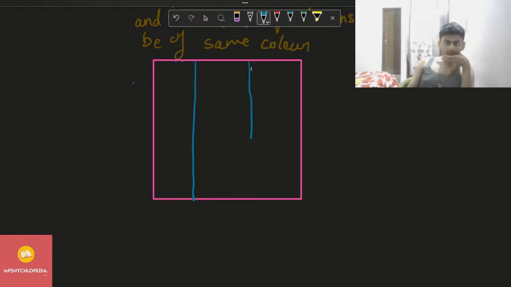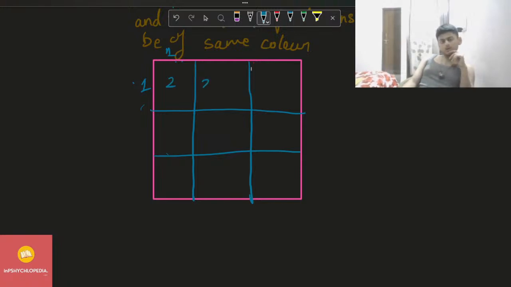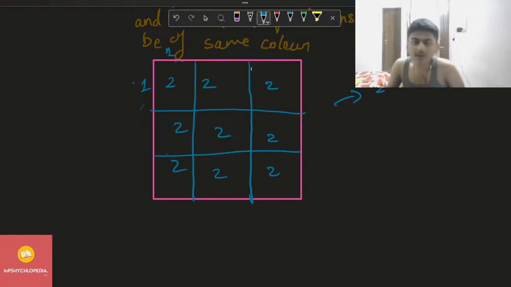So these are all squares of dimension 1 by 1. We can paint each square in two ways, so the total number of ways in which it can be painted is 2 to the power 9, which is 512.